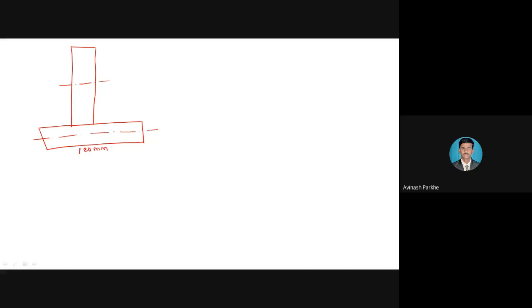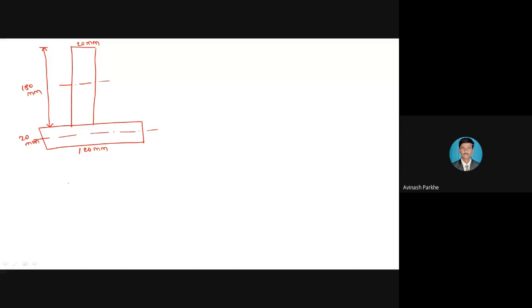Bottom flange 120 mm by 20 mm. Then web dimension here 20 mm. The height of this particular web is given as 180 mm. Okay, so this is the figure given here.